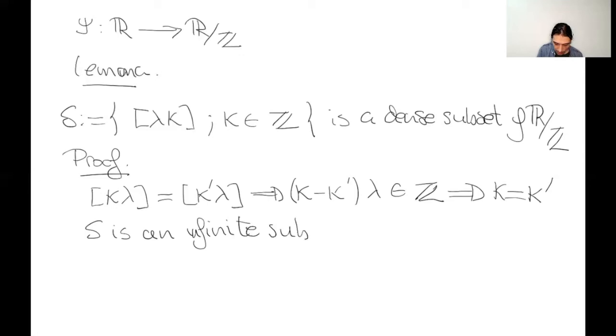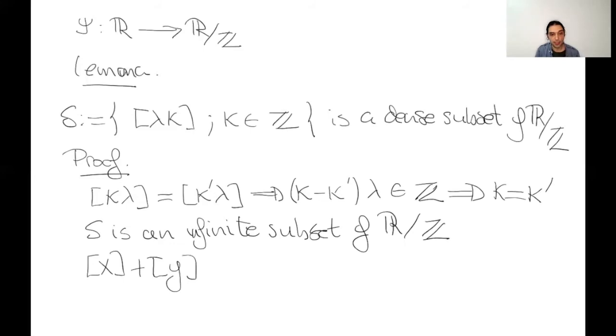It's indeed an infinite subset of the quotient. The quotient has a structure indeed of abelian group, because you can actually sum classes. The class of X plus the class of Y is the class of X plus Y. And it's very, very easy to see that this is well defined and the quotient is an abelian group.